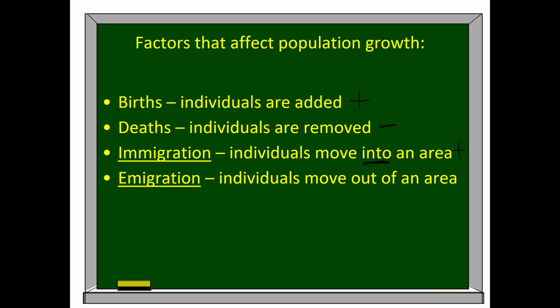Or we can have individuals emigrate. When individuals emigrate, they are moving out of the population. They're leaving. So that's going to be a negative, okay? That's going to subtract from that population's number. So these are some different things that can cause a population to grow or to decrease over time.